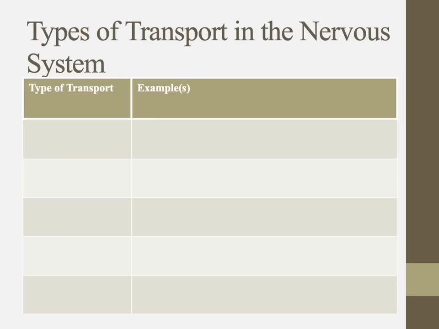Okay, so transmission of nerve impulses down an axon and across a synapse all involve massive amounts of transport. Okay, so let's quickly review the types of transport. So we have regular diffusion, which you might have heard referred to as simple diffusion.